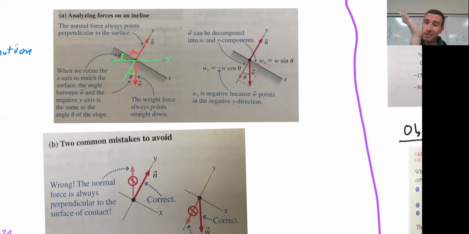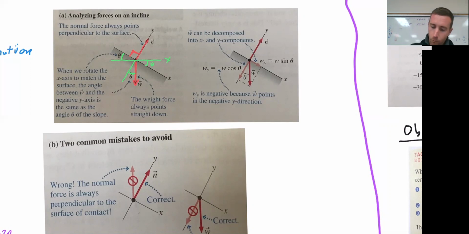When we tilt, we also tilt our x-axis, so like that angle between what used to be horizontal and our new x-axis. Our x-axis is now along the ground, and our y-axis is now tilted going up where the normal force would be. So we tilt the x-axis, we tilt the y-axis, the weight goes straight down, and then we've got an angle. And that angle is the angle of the slope, like a 20-degree slope, for example.